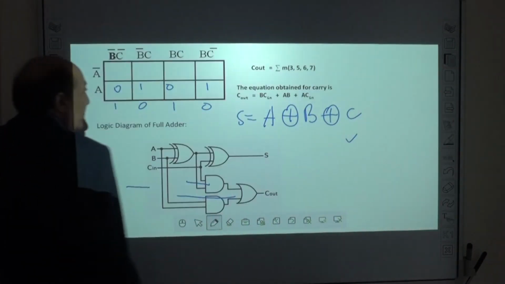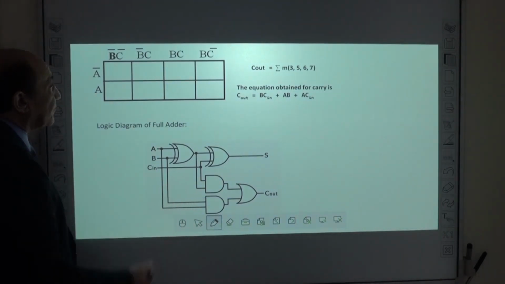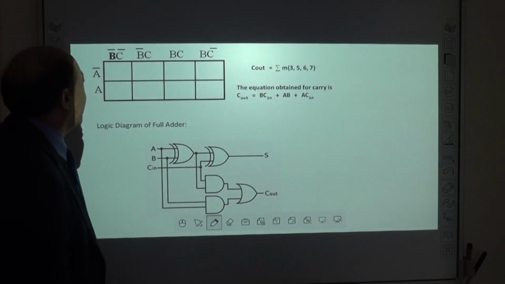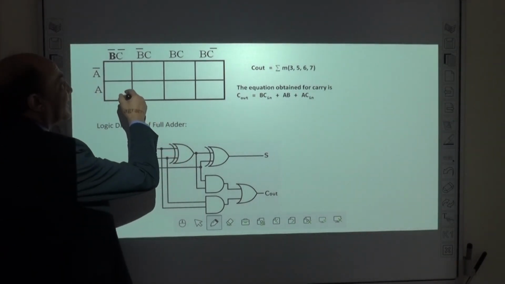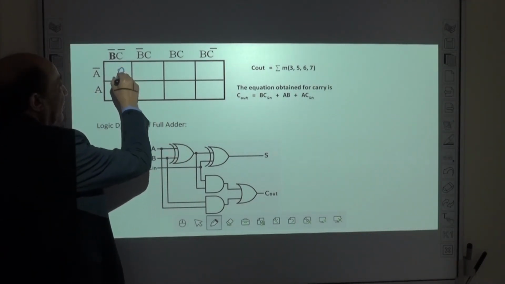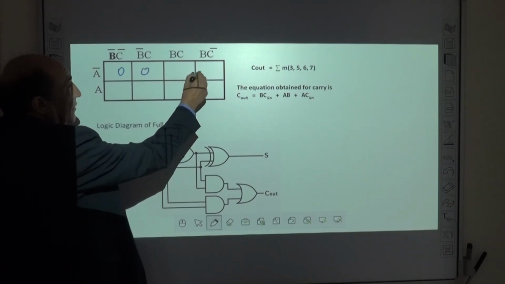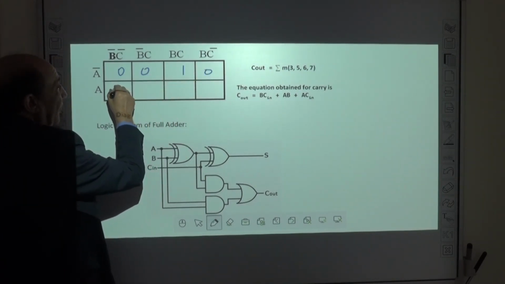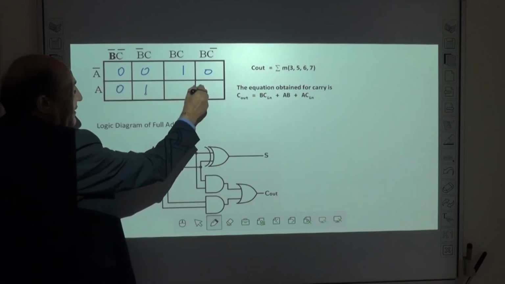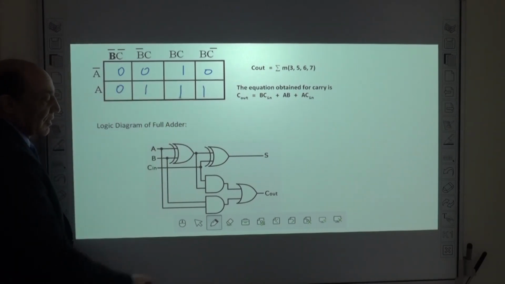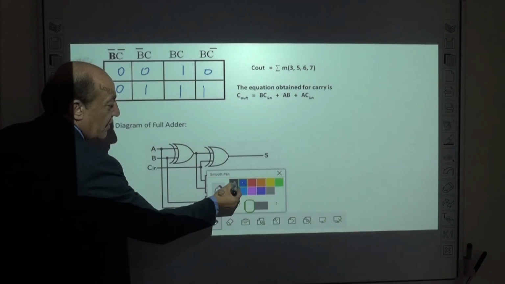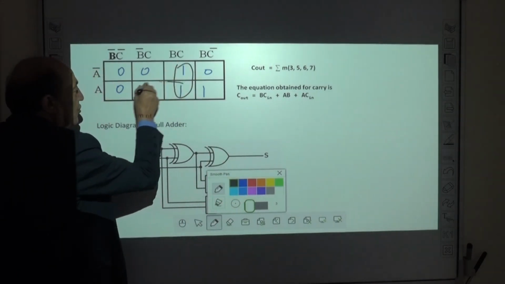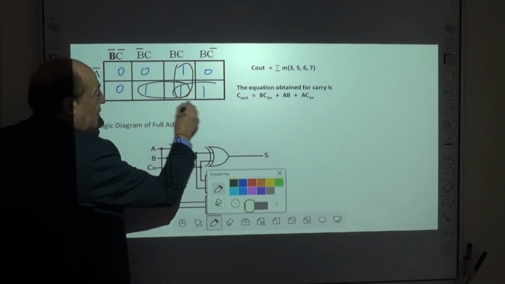Next, the expression for carry. Since carry is equal to minterms 3, 5, 6, 7, here 0, 1, 2, 3, 4 here 0, 5, 6, 7. So we can group these two together, and these two together.